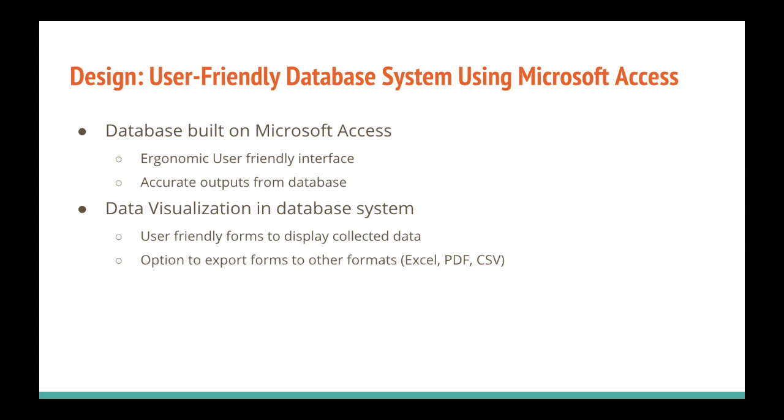Additionally, a Microsoft Access database is currently used by Mustang 60 and the Arrow Hangar, so it will require fewer complications when implementing the database update. Microsoft Access also has the capability of allowing data visualization within the application, so user-friendly forms can be created to display the collected data. The option to export the forms to other formats such as Excel, PDF, and CSV files is also a big bonus.